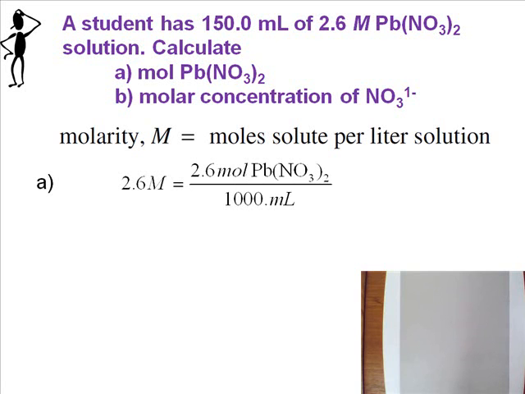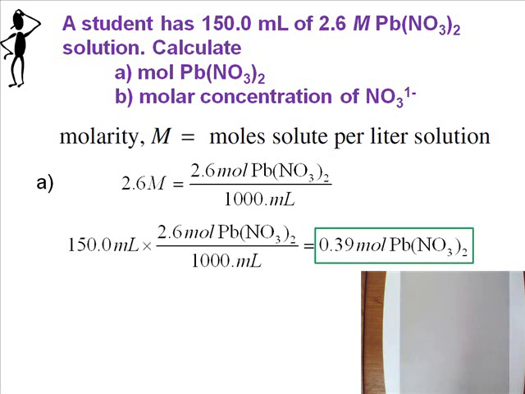So we extract the molarity or break it out into the actual ratios of moles per milliliter. So what we do now is, if we're given 150 milliliters, we can do a cancellation of the milliliters value. We now know how many moles of lead nitrate we have in the 150 milliliters.